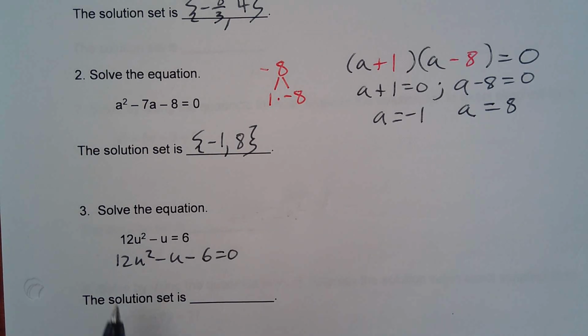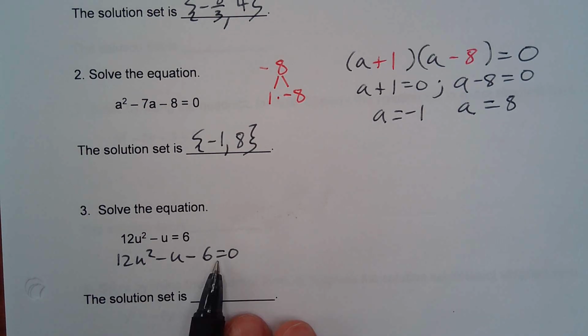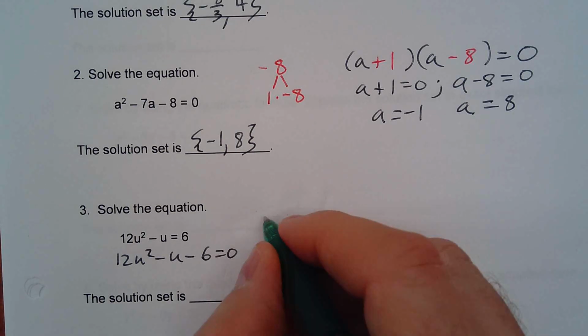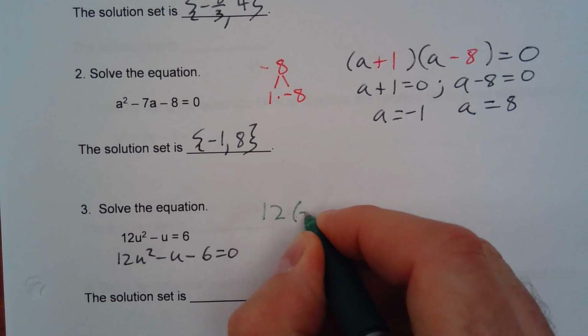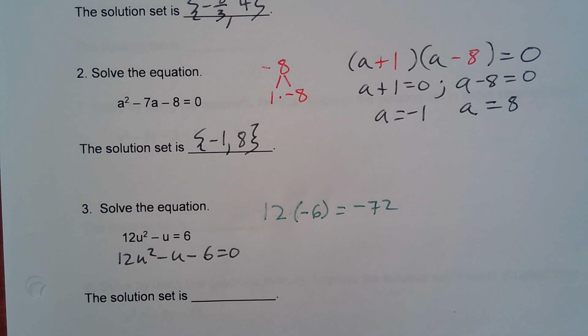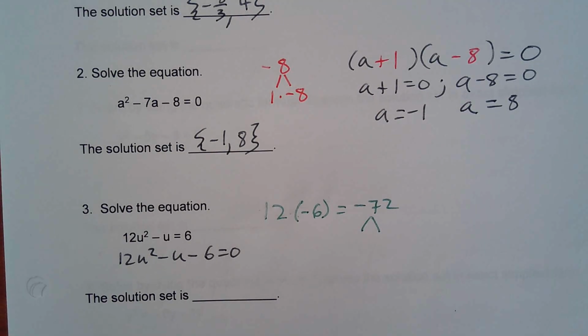And now, the coefficient of the square term is not 1, so if I'm factoring this, I need to use the AC method. So I'm going to take 12 times the negative 6, that's a negative 72. I want to find two factors of negative 72 that add up to a negative 1.